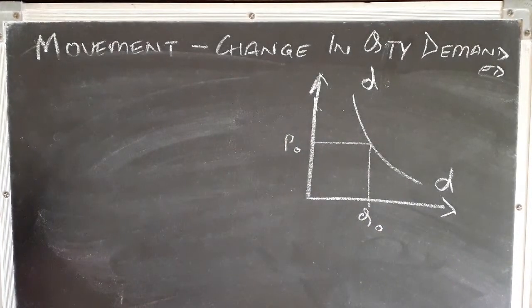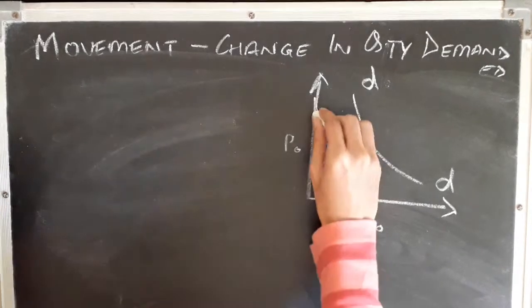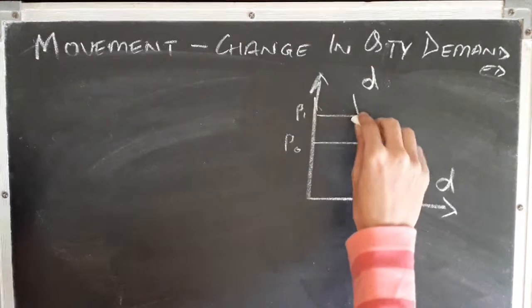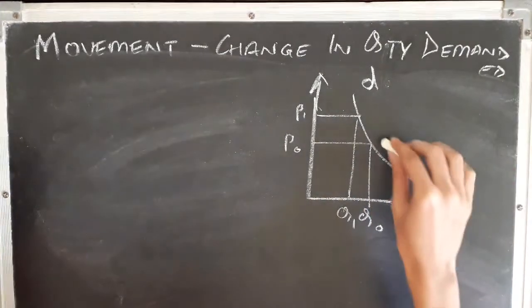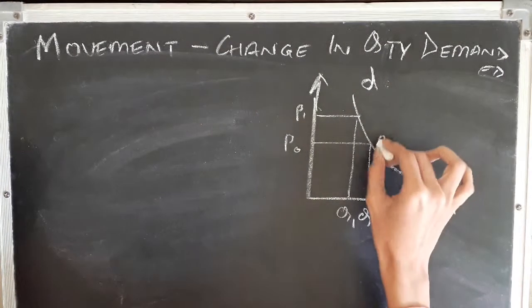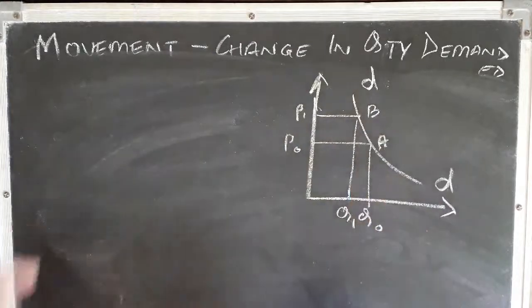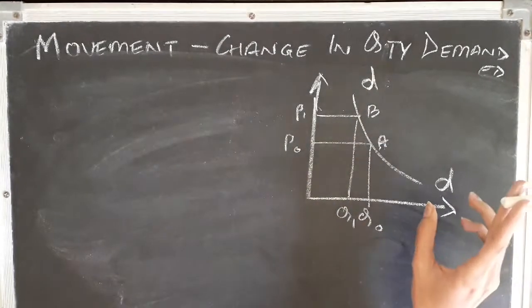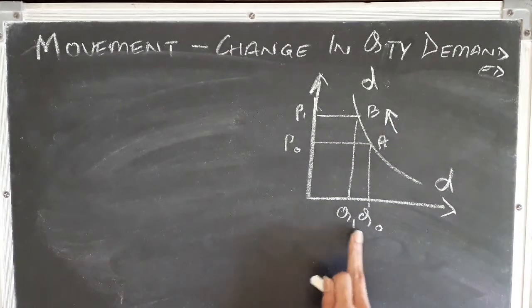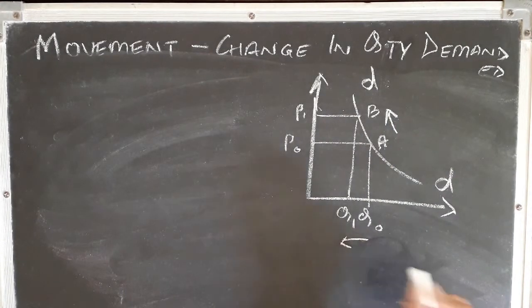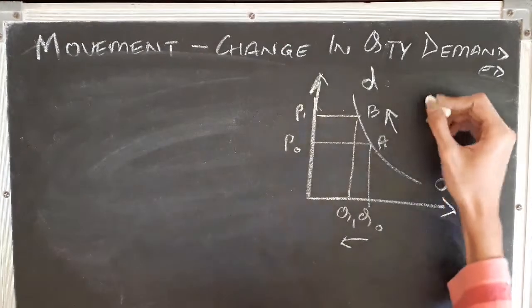Now suppose that the price of the commodity rises and reaches P1, quantity demanded will fall and it will reach Q1. So let this point be A and this point be B. So the movement along the demand curve from the point A to the point B, in which the quantity demanded of the commodity has fallen, this movement is called contraction.